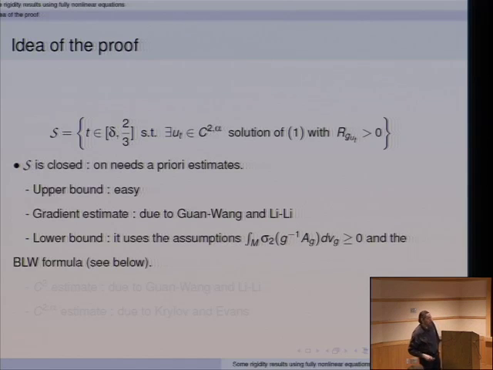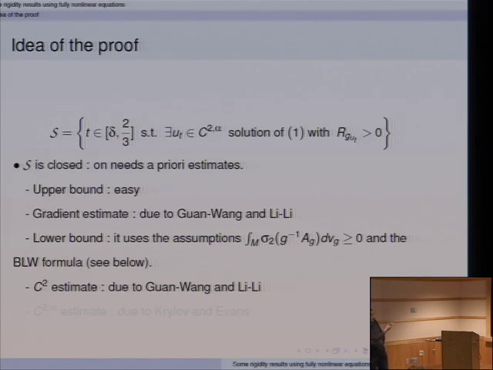I will go back to this after, and this is the main difference between this situation and the work of Matt and Jeff. Once you have the upper bound and the gradient estimates, you can get the C^2 estimates, and this is also due to Guan and Wang, and also Li and Li. Then, using works by Krylov and Evans, you can go to the C^{2,alpha} estimates. So the point here is how to get the lower bound.